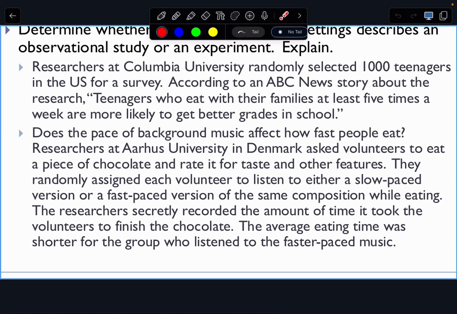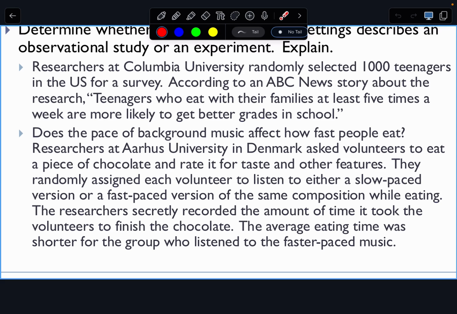With an observational study, am I allowed to say that a cause and effect relationship exists? No. So I can generalize to the larger population. This appears to be a trend that should follow, but there's no cause and effect implied here.